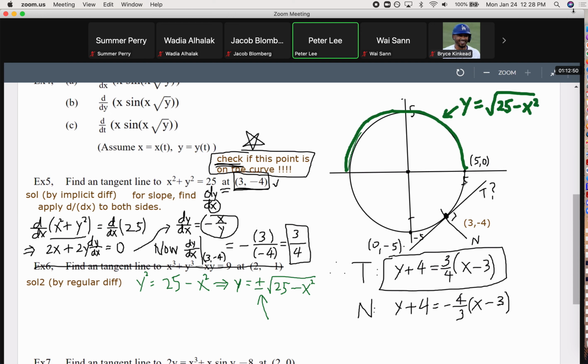Now this bottom half here, maybe I'll change the color. Let me choose blue. If I choose the blue, the bottom half is y equal to minus the square root of 25 minus x squared.